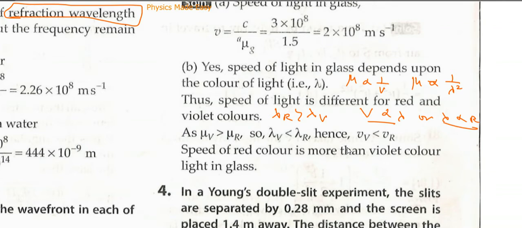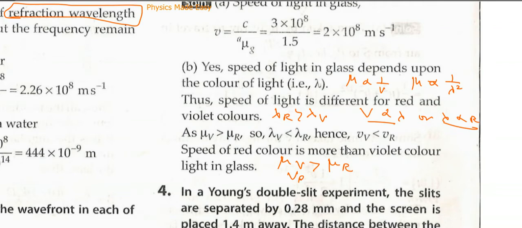It means, since refractive index is inversely proportional to wavelength, the refractive index of violet color is greater than the refractive index for red color. But refractive index is inversely proportional to velocity. Now, this means that in case of velocity, things will get reversed.